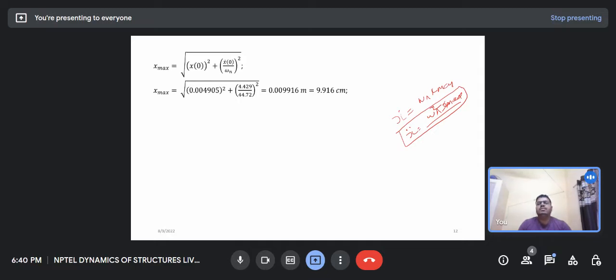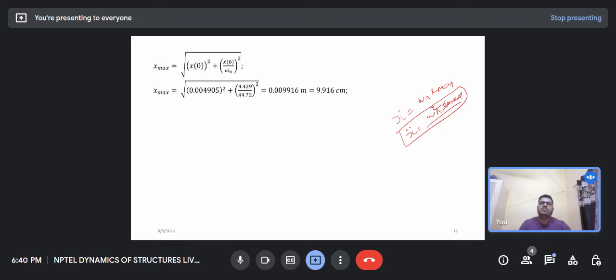Sometimes it may be a damped system. Sir, is this equation derived from our equation of motion itself? Which one? This equation for maximum acceleration. No, these are the basics. If you have gone through the week zero assignment, I have discussed these. These are not from the equation of motion.